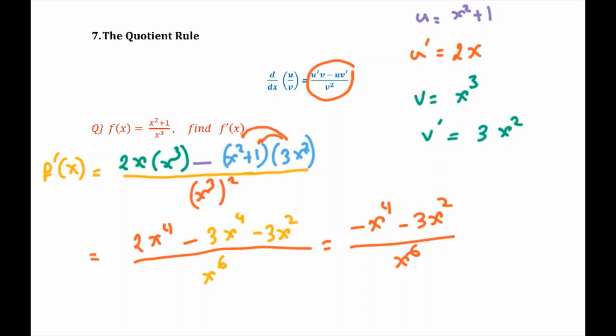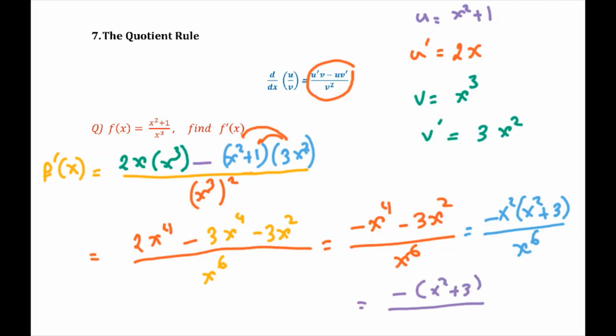Well, now you can take negative x squared as a common factor. Negative x squared plus 3 over x to the 6, and you can simplify. So it's going to be negative x squared plus 3 over x to the 4.